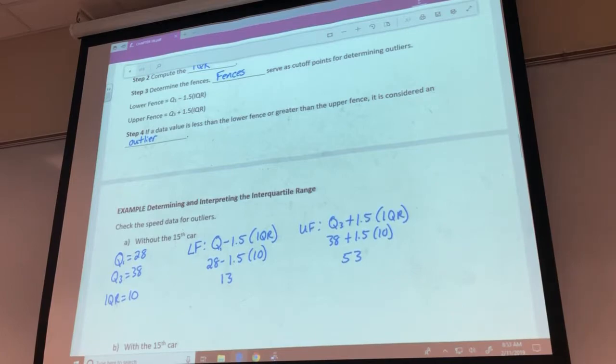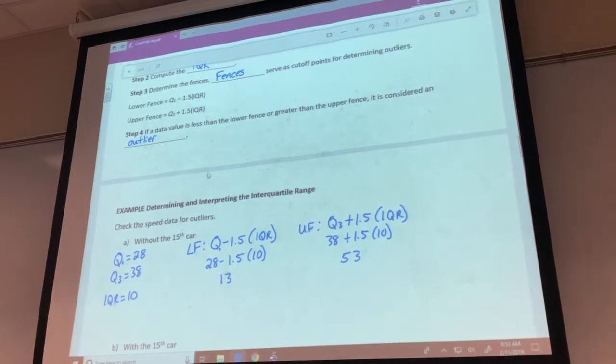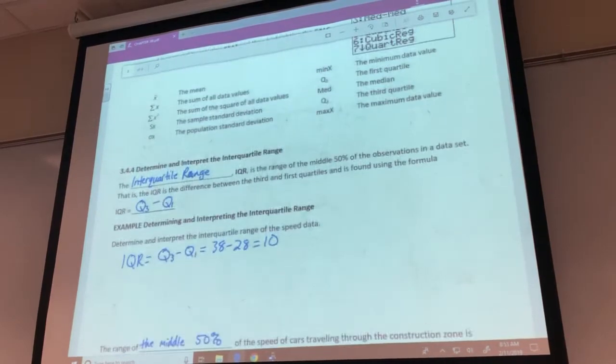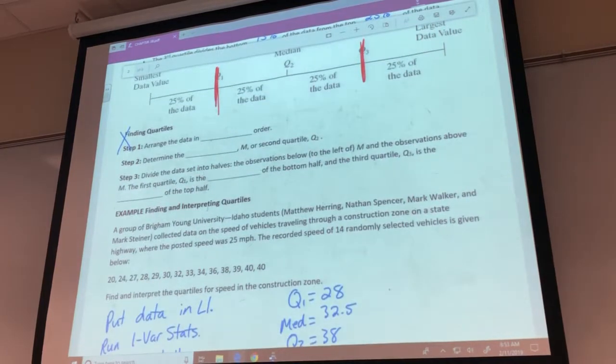If we look back at our data set, we've got 13 and 53. All of our data values fall between 13 and 53. Okay, so here, all of our data values are between 15 and 33. We don't have anything that's less than 13. We don't have anything that's greater than 53.